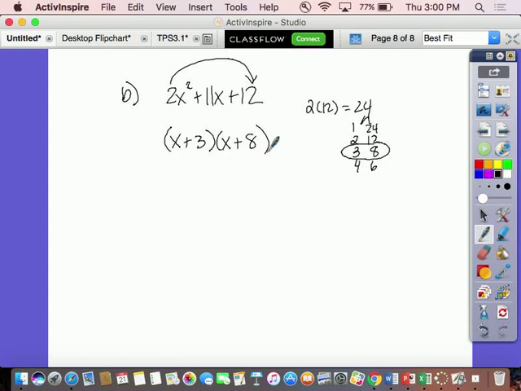But what do I have to do now? Well, I multiplied by 2 to begin with, so now I'm going to divide those numbers by 2. 3 halves doesn't reduce, but 8 over 2 reduces to 4.